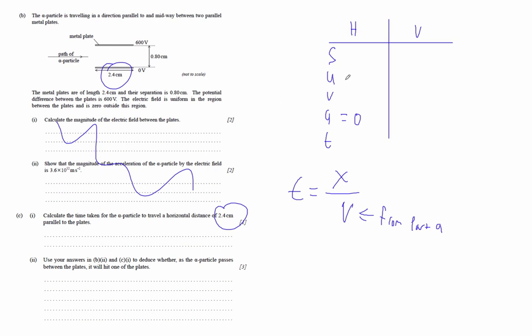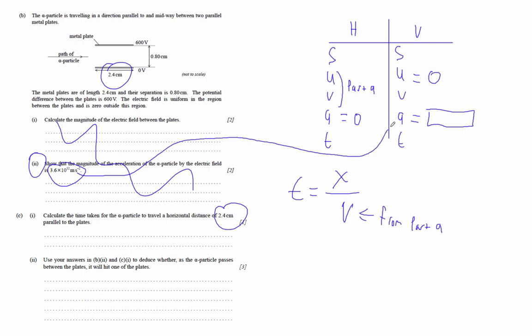This velocity is the answer to part A. I'm assuming that the initial vertical velocity, that it's just moving horizontally, is 0. This is the answer to this, and I'm going to plug that in for the acceleration. And then the displacement horizontally is 2.4 centimeters, so it's 0.024.